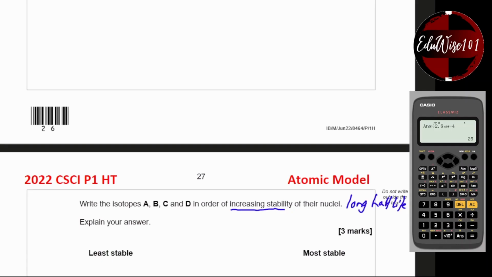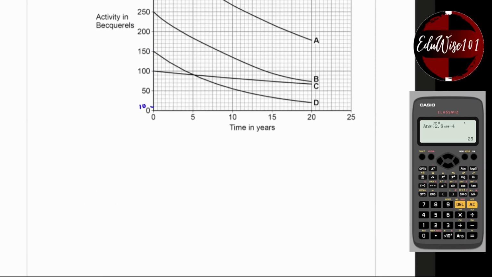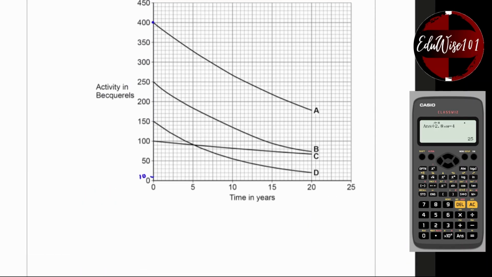Now, increasing stability means that it has a very long half-life. So whatever you write here for the most stable should have the least reactivity or the longest half-life. So let's work out the half-lives for this. How do you work out the half-life? Well, the half-life is the time it takes for the activity to reduce by 50%.